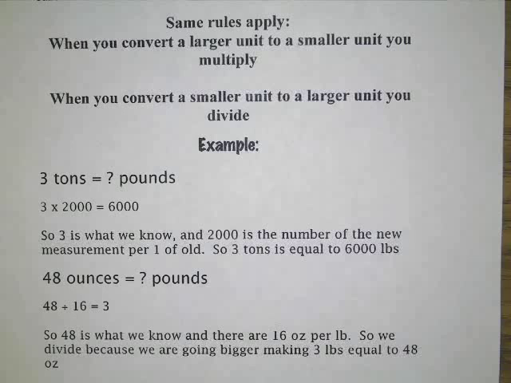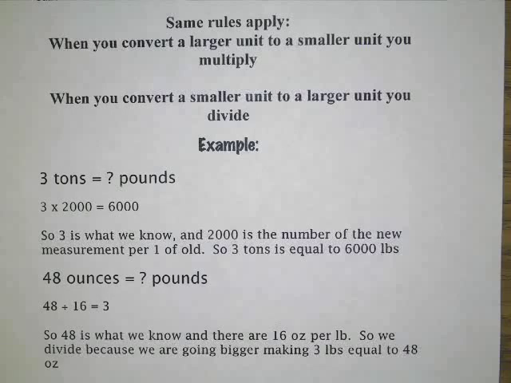All right, the next one, 48 ounces is equal to how many pounds? Kelsey, multiplying or dividing? Dividing. Why? Because ounces is smaller. Okay. And how many ounces are there in a pound? 16 ounces in a pound.